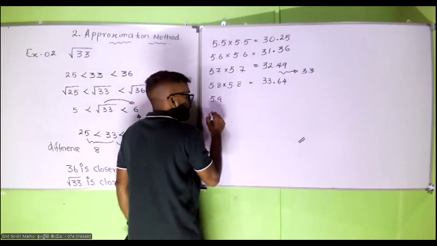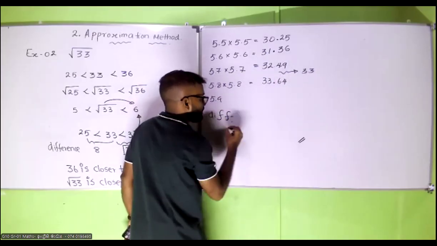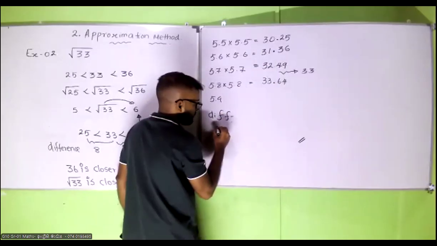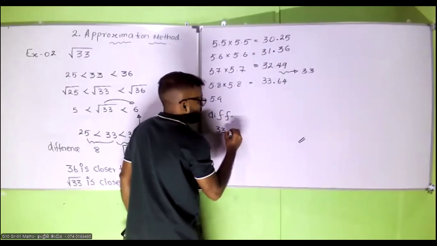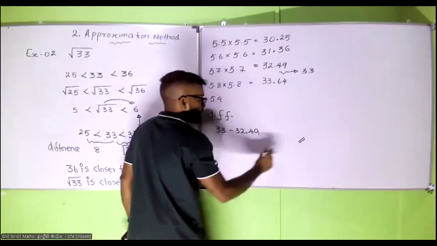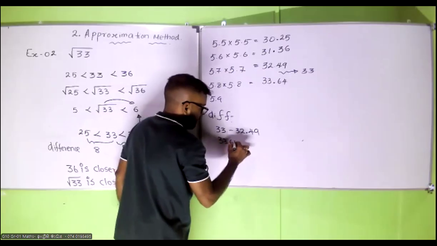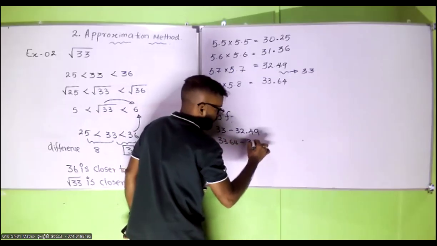So find the difference. How to find the difference? 33 minus 32.49. Alright. 33.64 minus 33.